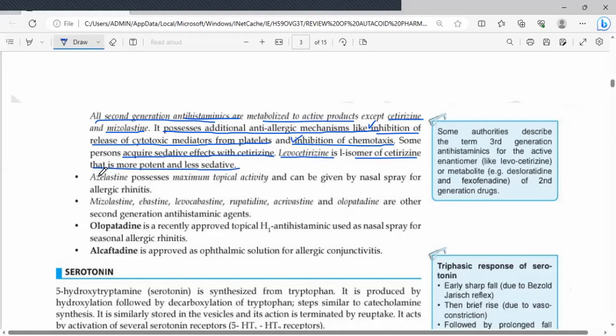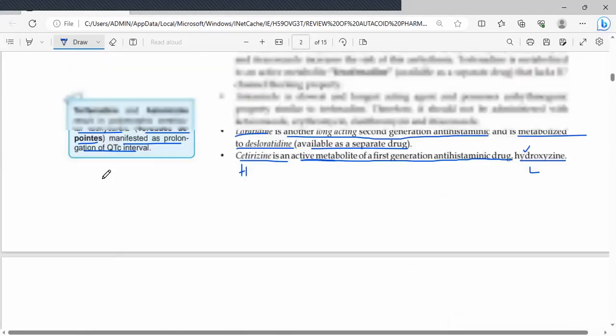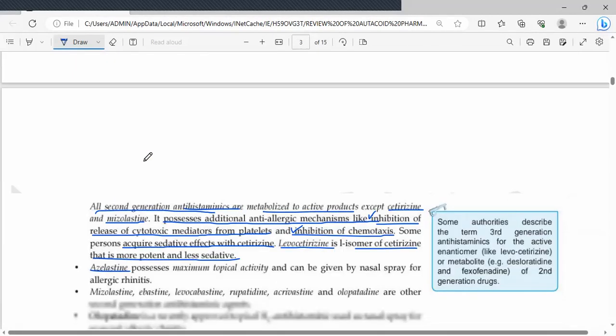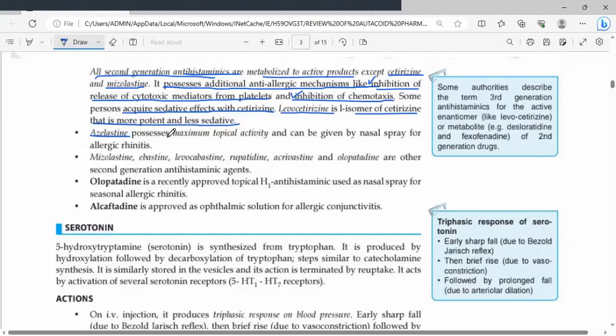Now, azelastine, please don't confuse azelastine with astemizole. Okay, so azelastine possesses maximum topical activity. So this is a topical drug and can be given by nasal spray for allergic rhinitis.